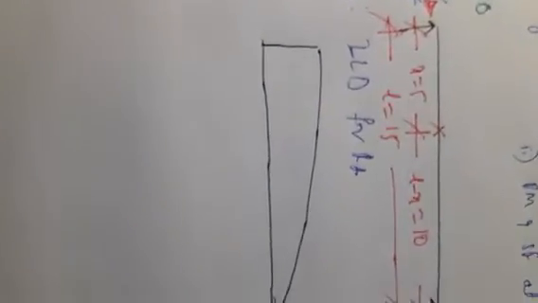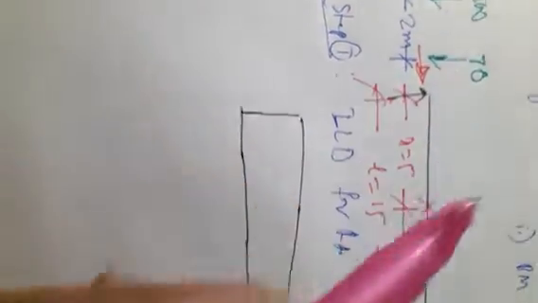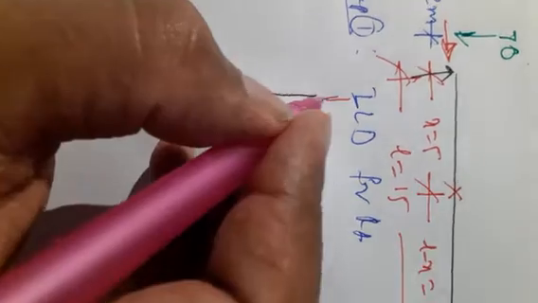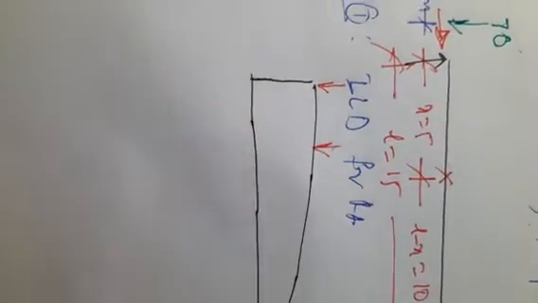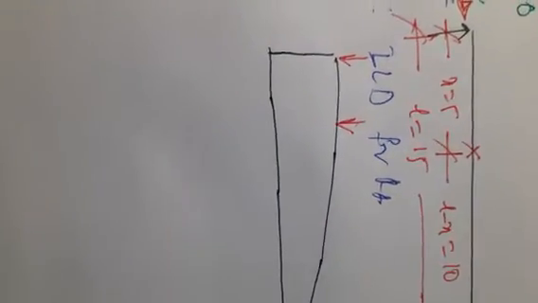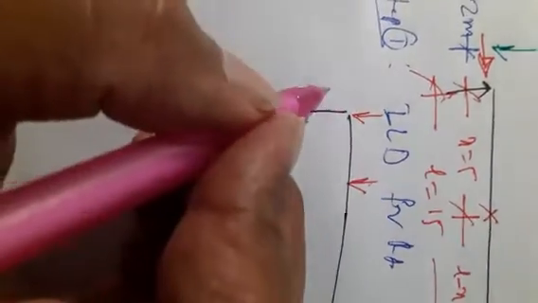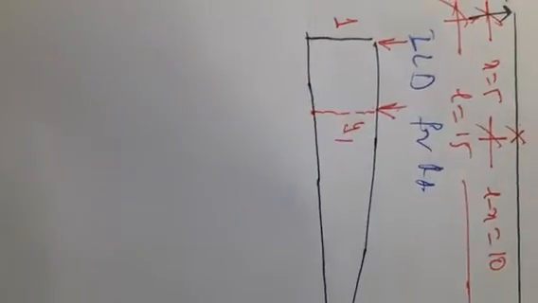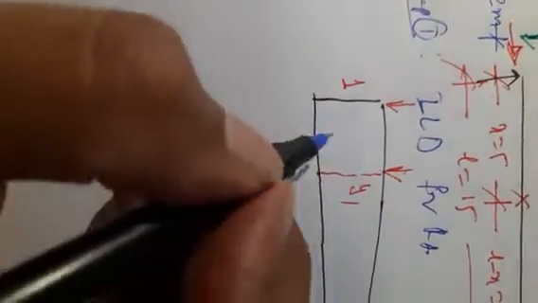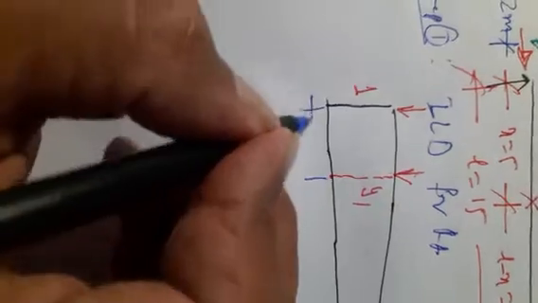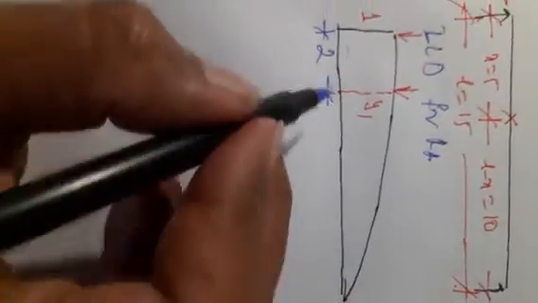Two loads 100 and 70. So 100 is acting here, 70 is acting here. Let this ordinate be 1 unit, this ordinate y1. So distance between them is 2 and this overall is 15. So 15 minus 2 is 13.